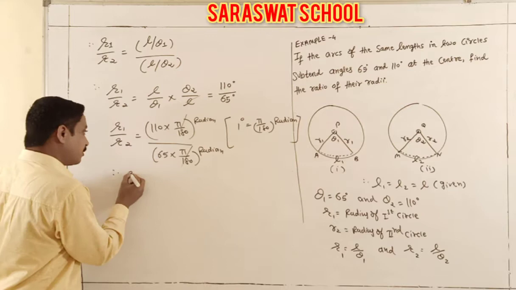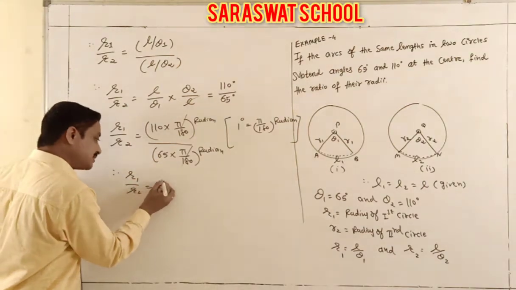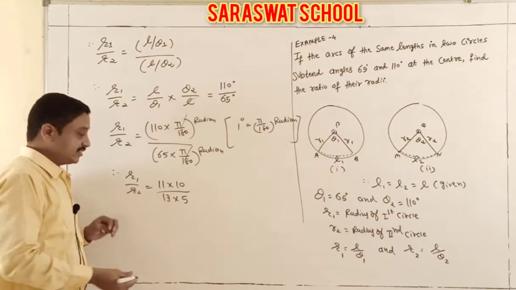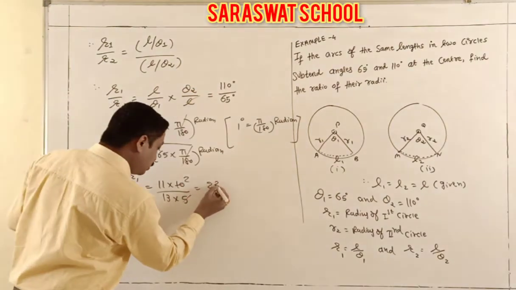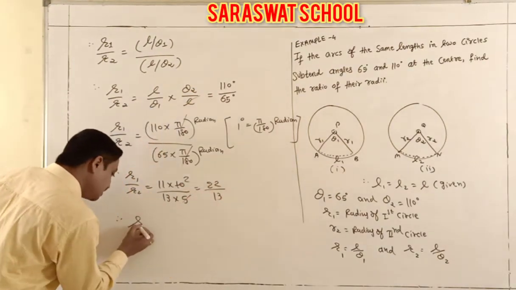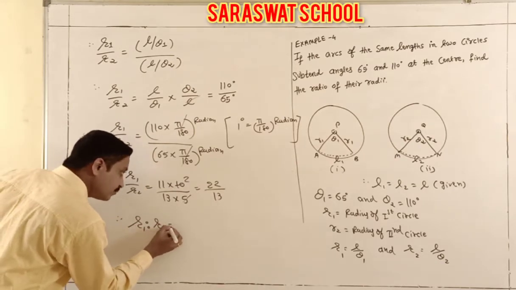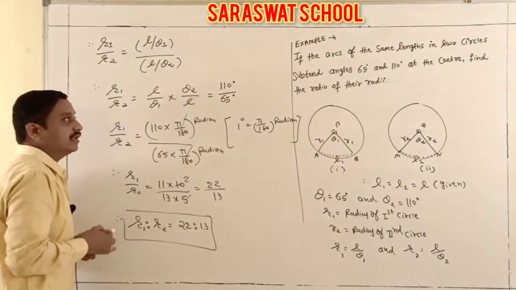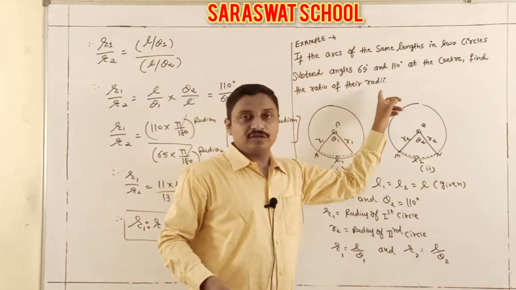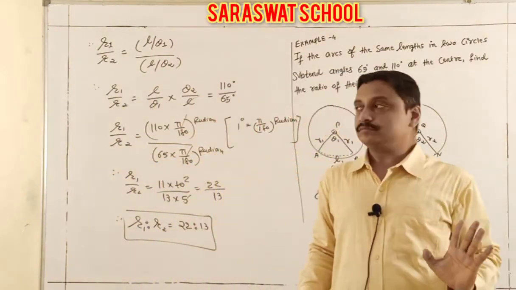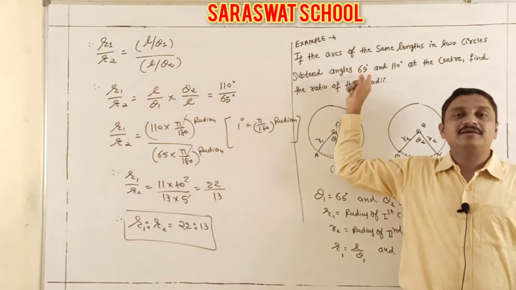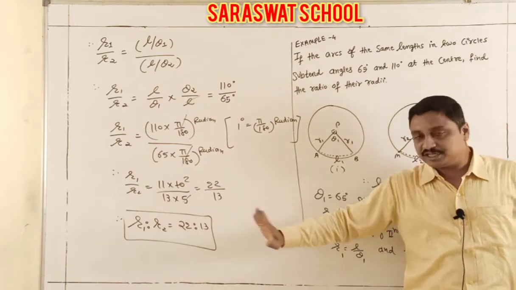So what you get for R1 by R2? 11 into 10 over 13 into 5, which after cancelling gives 22 by 13. So my answer is ready. The ratio R1 to R2, 22 to 13, is your final answer for the ratio of the two radii. In your question, by mistake I printed 60, but it is 65. So my answer is true.